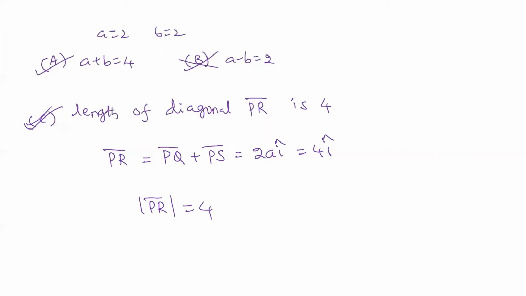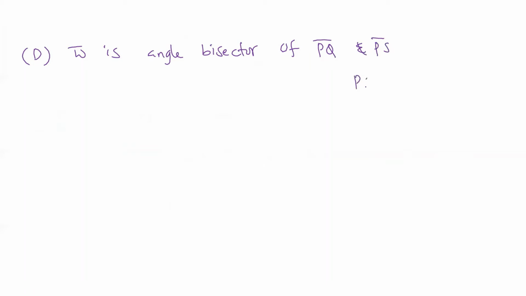Now option D, they are saying w bar is the angle bisector. This is the fourth option that they have given. W bar is going to be the angle bisector of PQ bar and PS bar. Now here one thing you can observe, mod of PQ is equal to mod of PS, right? So they both have the same magnitude.